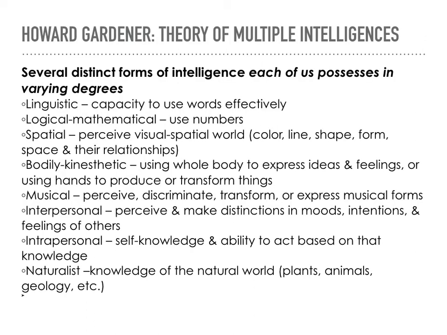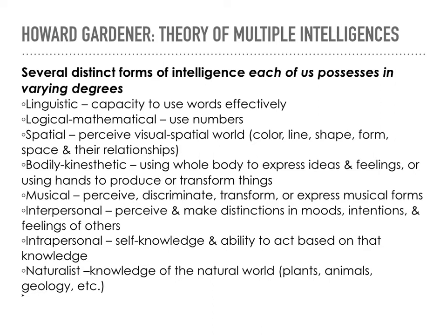Howard Gardner developed the theory of multiple intelligences. He said that there are several distinct forms of intelligence that each of us possess in varying degrees. The first is linguistic, the capacity to use words effectively. Logical-mathematical, ability to use numbers. Spatial, perceive the visual spatial world, line, color, shape, form, space, and their relationships.